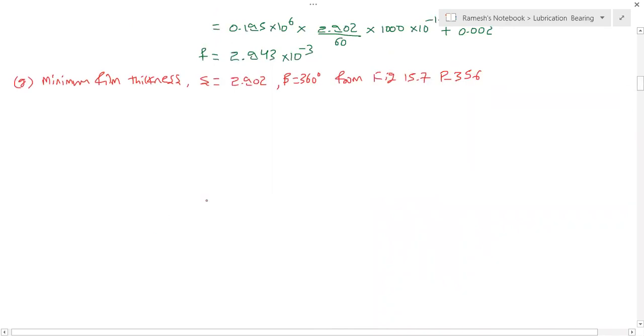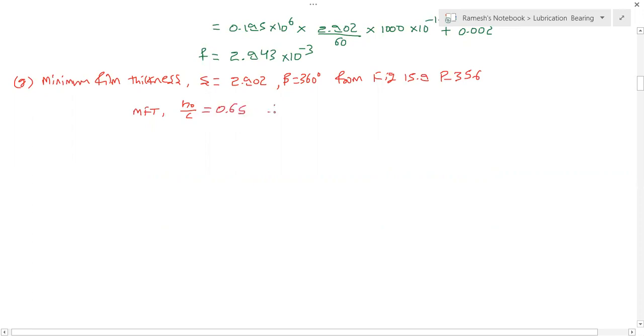From figure 15.9, H0 by C, that is nothing but the minimum film thickness, is 0.65.